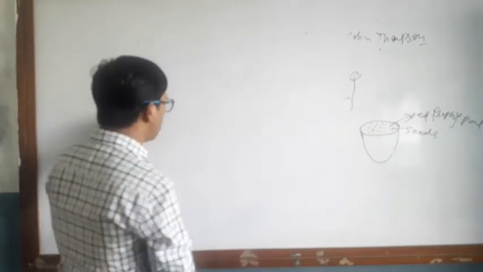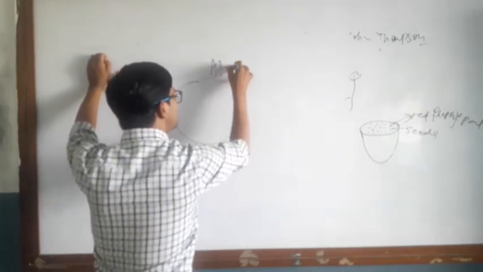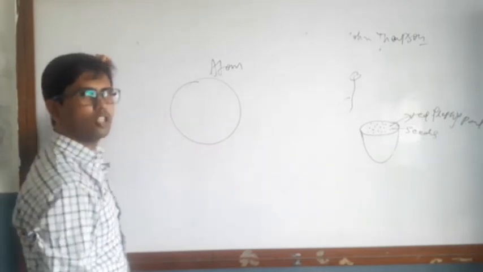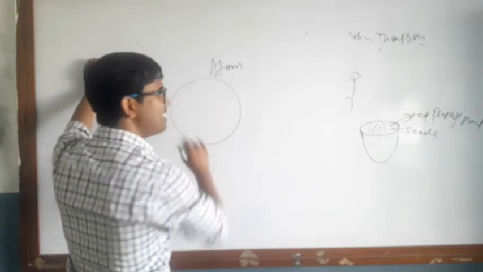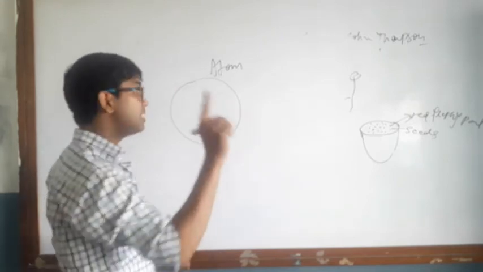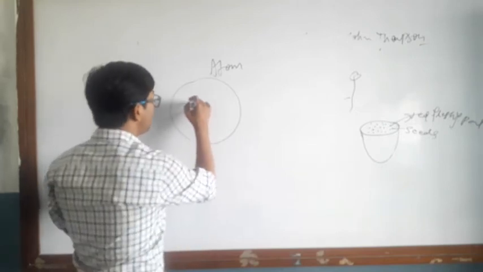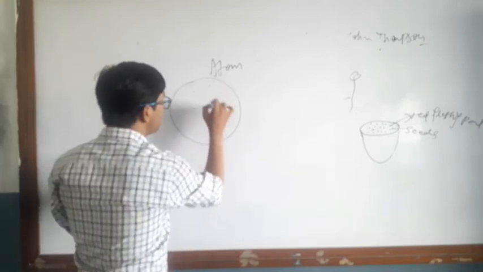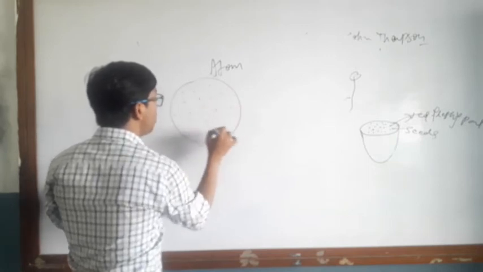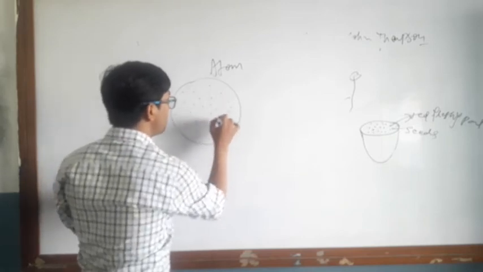Okay, so this was the model of John Dalton. John Dalton had said that atom is a sphere, just a normal sphere. But J.J. Thomson said, no, this is not just a sphere, but in the sphere there are negative charges spread all around and positive charges.